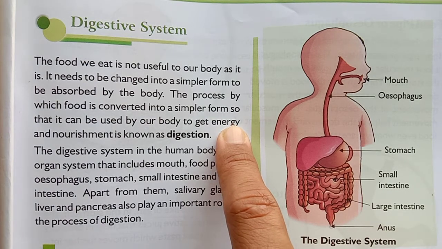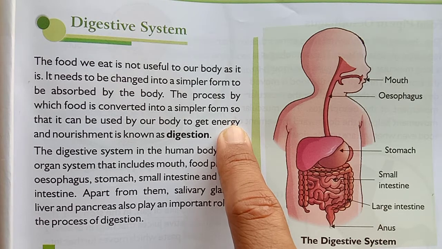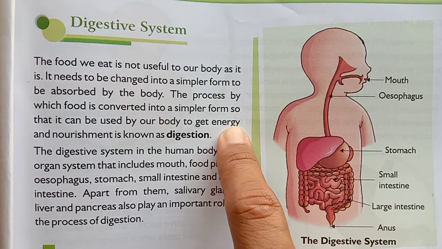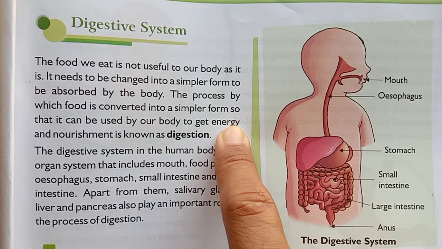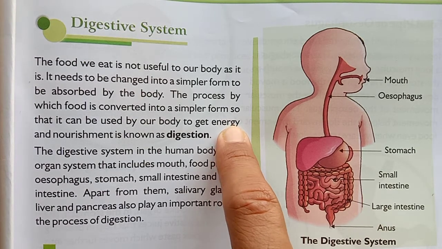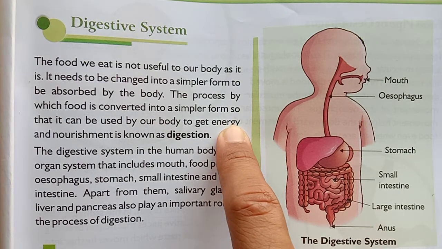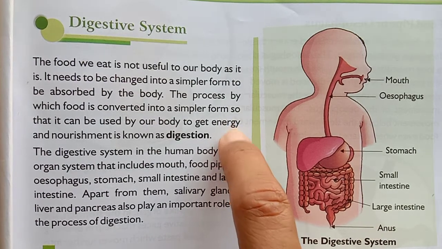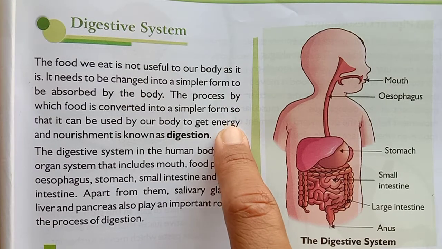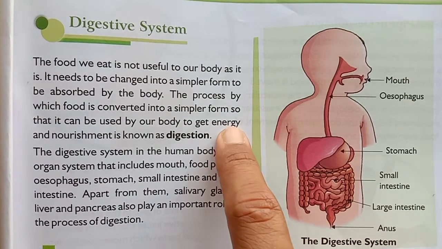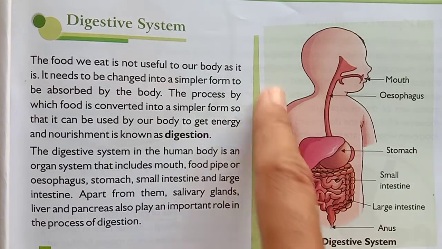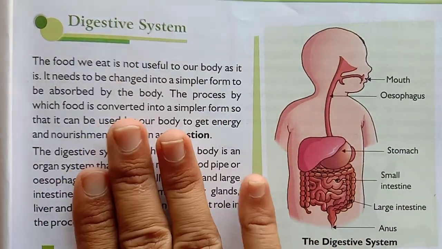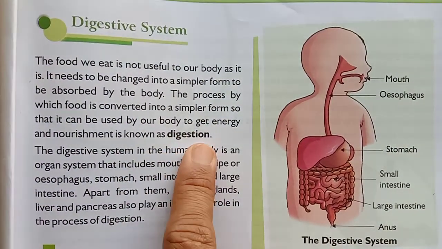If it is digested properly, then only it is helpful to us. If the food we have eaten is not digested, it is not useful. So it should be digested to give us energy. If it is digested properly, we will get energy and nourishment. This process is known as digestion.